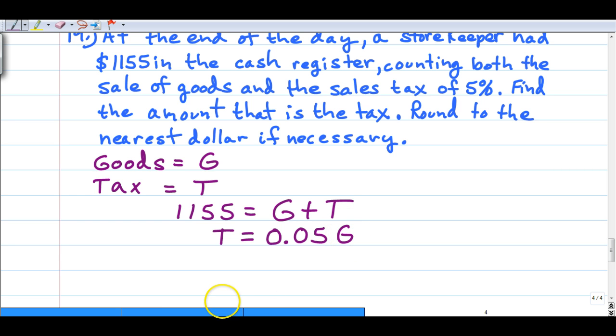Now we have 2 formulas. I can use the T I found here, which is equal to 0.05 G, and plug it into the T on my first formula and solve for G. So I have 1155 equals G plus the tax, that T, which I know to be 0.05 G.